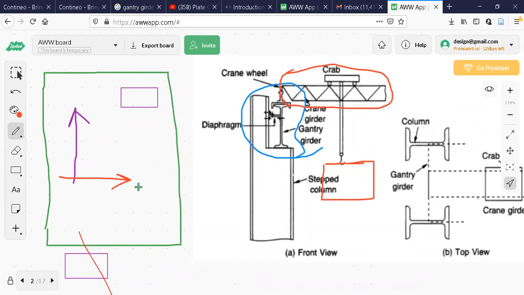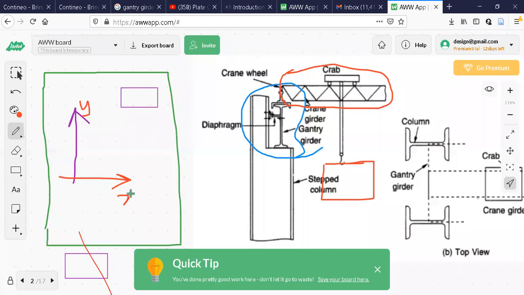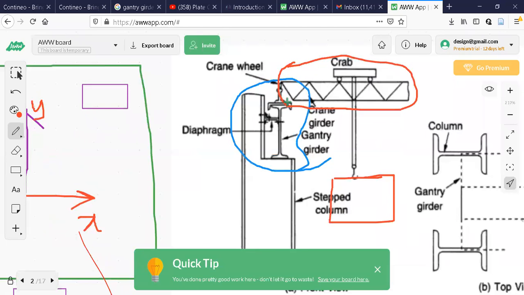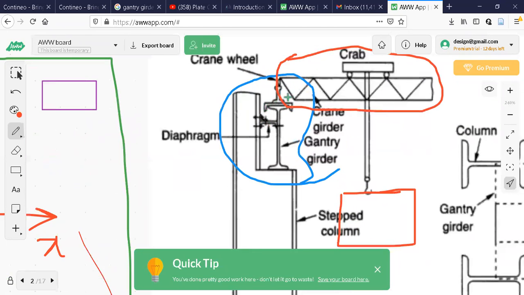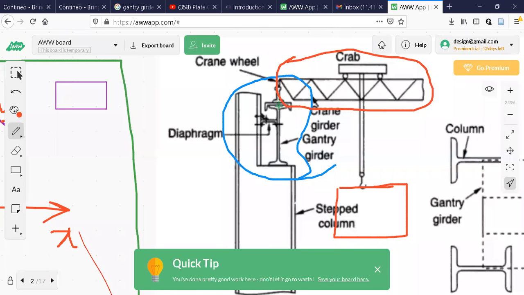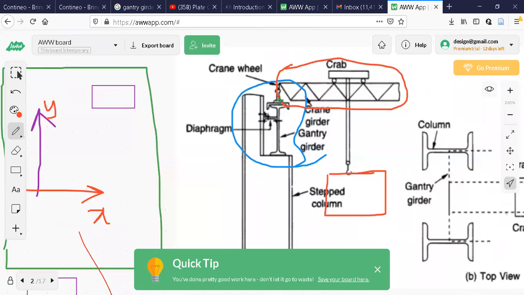Now here, observe here. Now what is happening here is, if I write y here, let us say this is y, this is x. Now this crane girder can move in y direction on this rail. You can see above this channel section rail is fixed, just like a railway track.